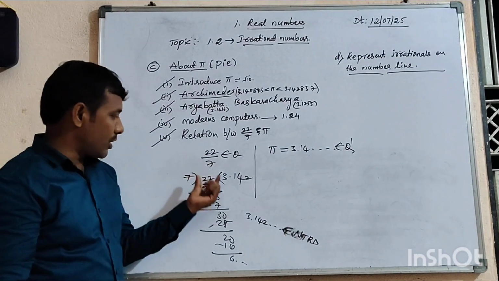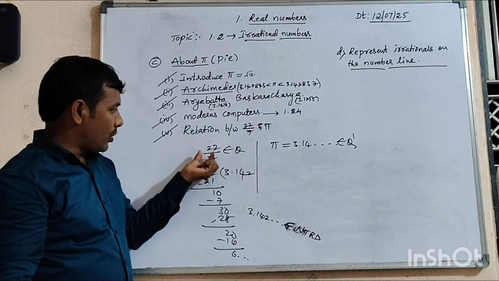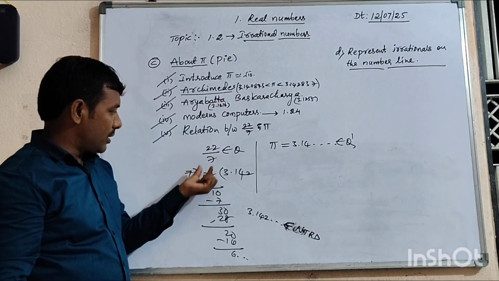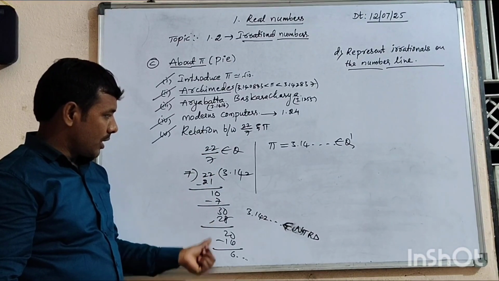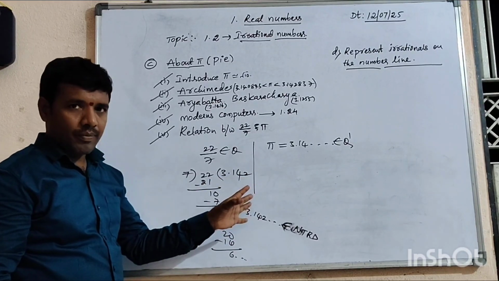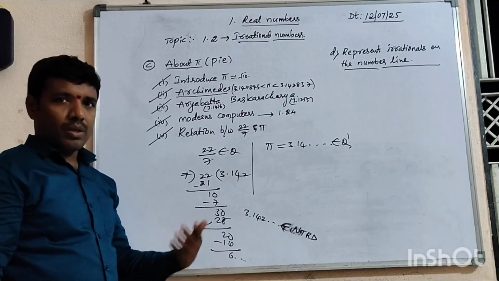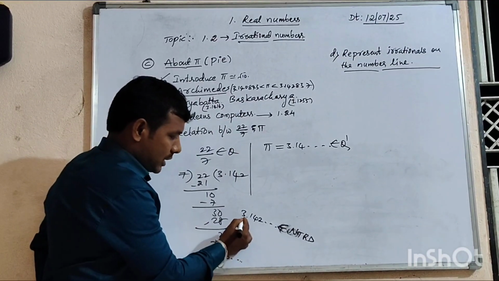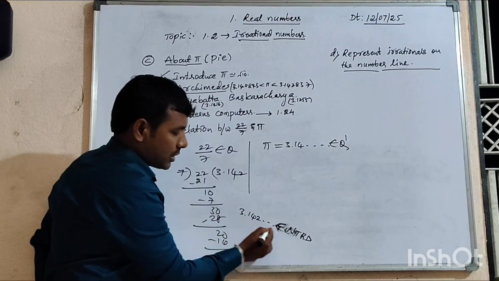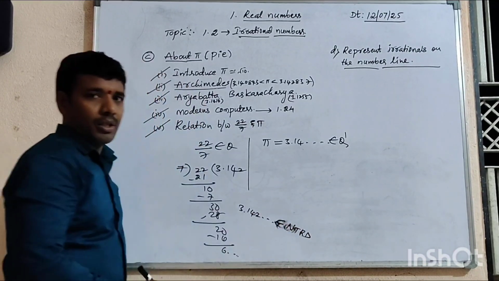Once again, observe the calculation carefully. I found the value of 22 by 7. Going through the calculation, my result is 3.142 something. Some more digits we can get. But this figure belongs to non-terminating repeating decimal.